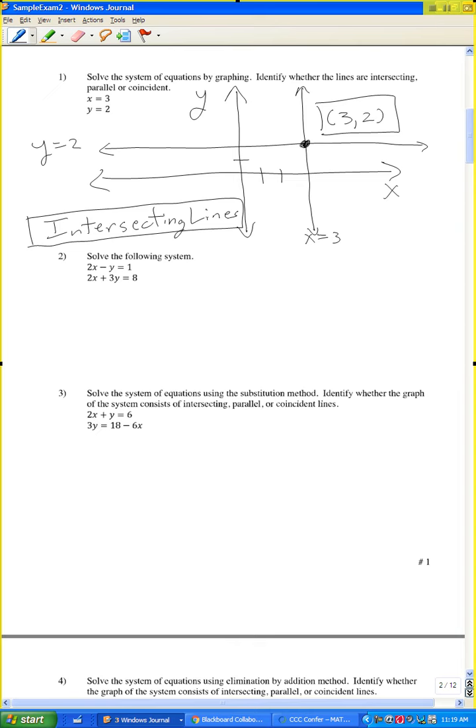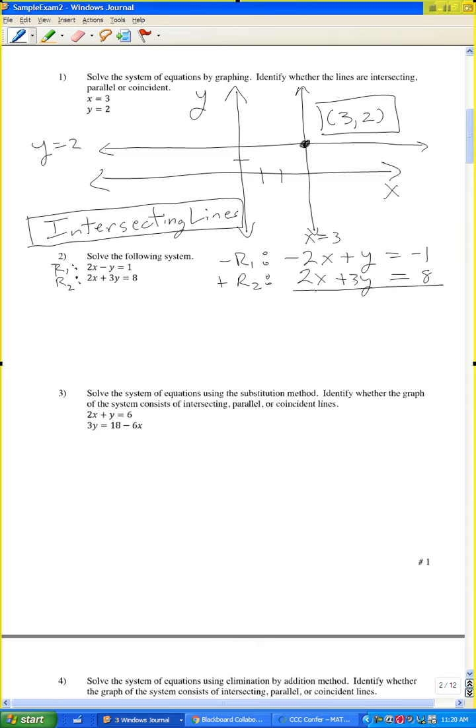Okay, let me do problem number 2. Solve the system. So let's just multiply the first equation by -1, giving -2x plus y equals -1, and add it to the second equation so that my x's will cancel.